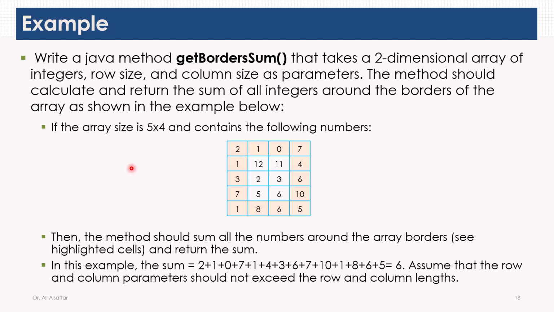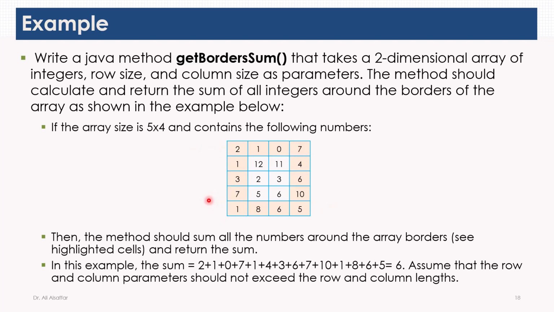In fact, we can process this array in a more efficient way than row by row and column by column, because row by row and column by column, we are visiting some elements that we are not interested in when finding their sum. We are interested only in the elements that are on the border. We can do that by writing 2 separate for loops, not nested loops. The first loop finds the sum of the 2 rows, row 0 and row - 1.